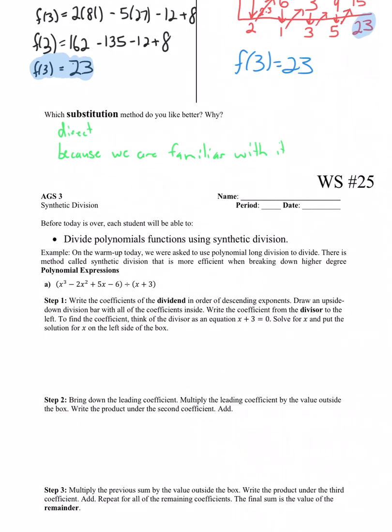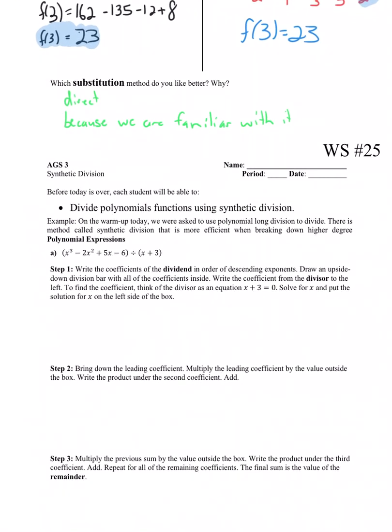So what we're going to do is we're going to look at synthetic division, which is similar to this synthetic substitution, but we're going to see if it makes polynomial long division a little easier for us. Okay, so we take our dividend and we're dividing by our divisor, x plus 3 here.